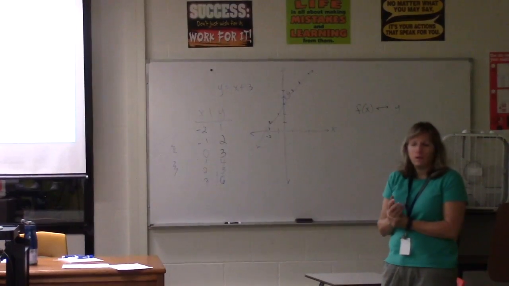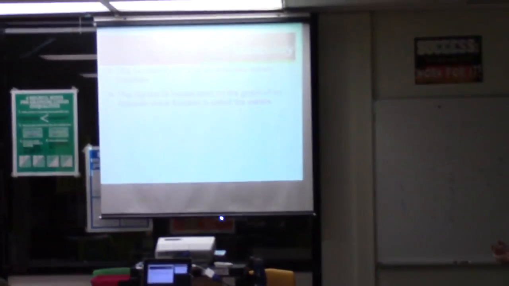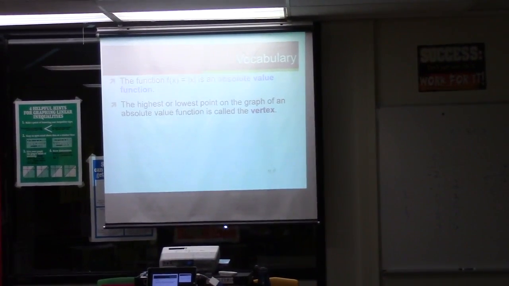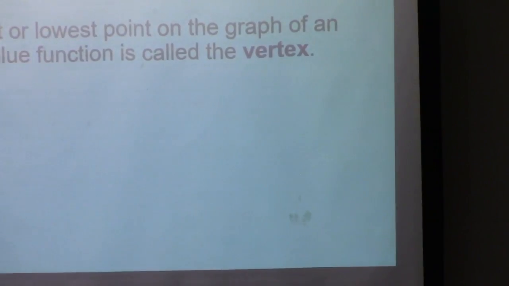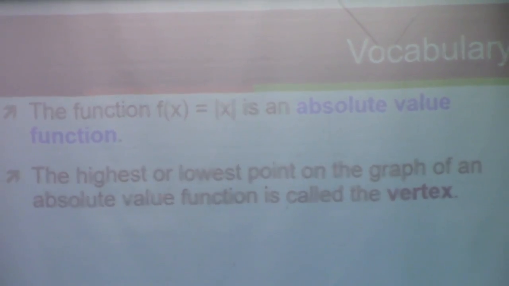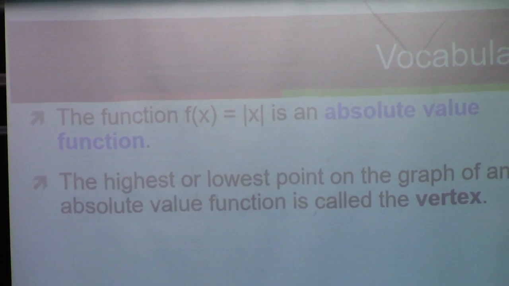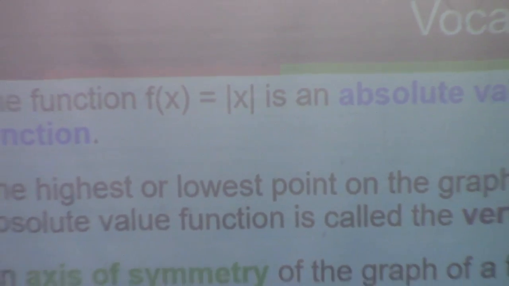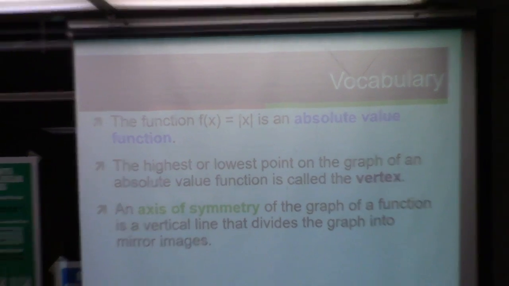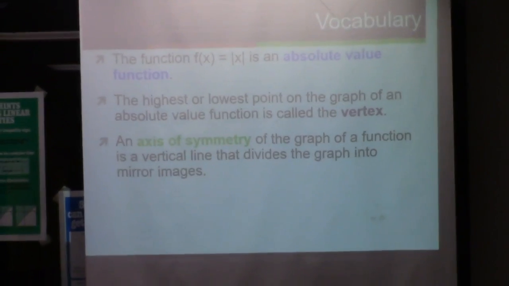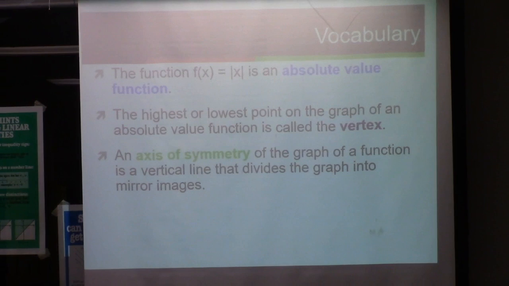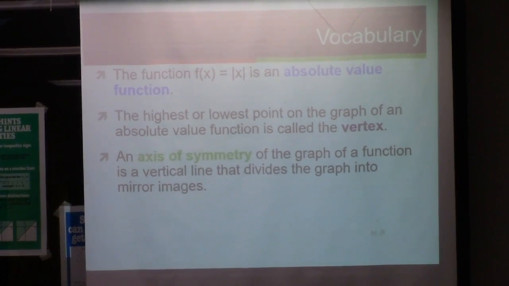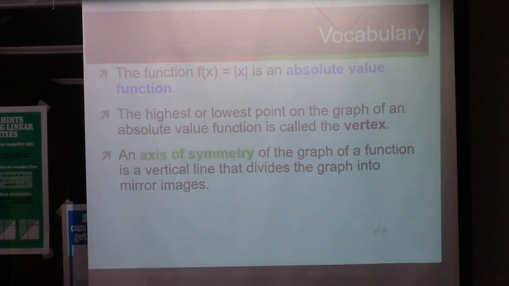Okay, so that's the vertex. And I'll show you a picture of that here in just a minute once we get these terms down. The other thing that we're going to deal with is an axis of symmetry. The axis of symmetry of the graph of a function is a vertical line that divides the graph into mirror images.